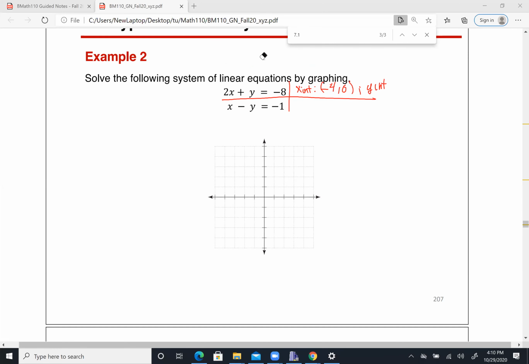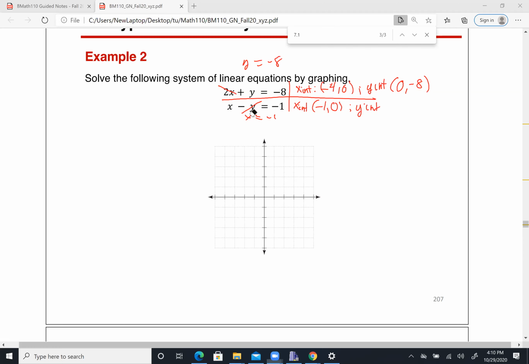What about the second one? If I have the x-intercept, what is it gonna be? You put 0 for y, then x equal to -1, right? So x-intercept is (-1, 0). And then the y-intercept, what is that going to be?